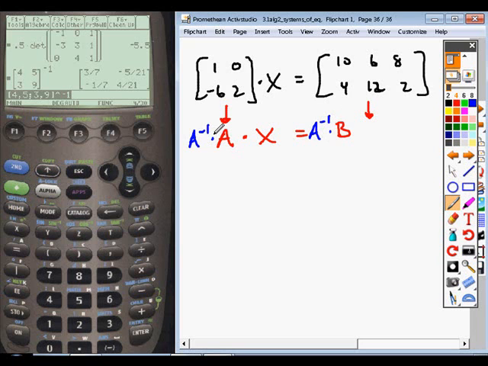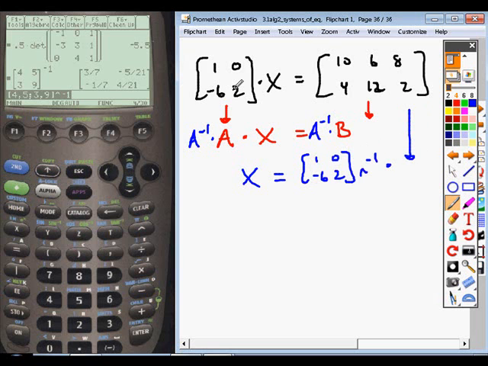So the inverse needs to be on the left side for each of these. And so doing that creates a value of 1 here, so you get x is equal to, and so really what you're going to wind up doing is you're taking the inverse of this, and you're multiplying it by this whole matrix here.